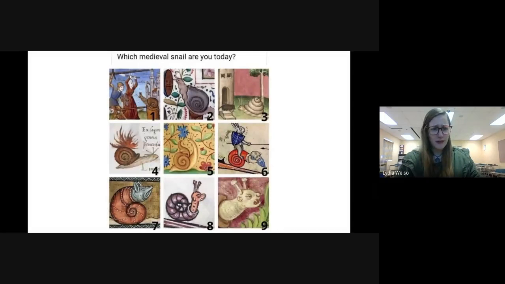Very popular emotion today. We are all snails questioning our lives and our life choices. All right, anybody else? I think that's almost all of us, so we'll go ahead and move on, but if you want to share anything else about your snail vibe, feel free to post that in the chat, and we'll move on.